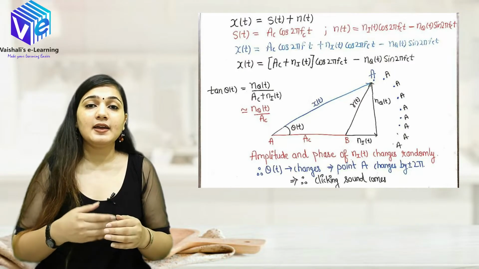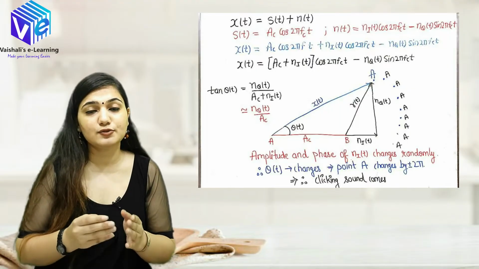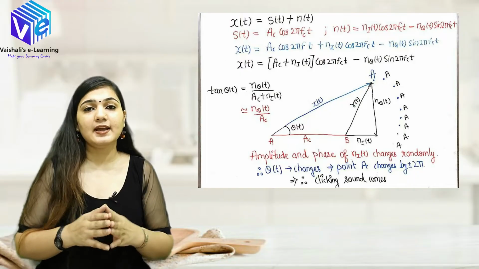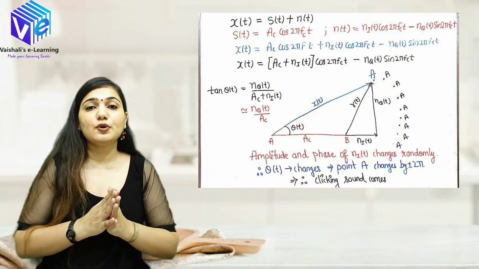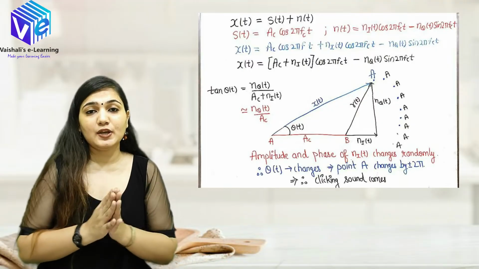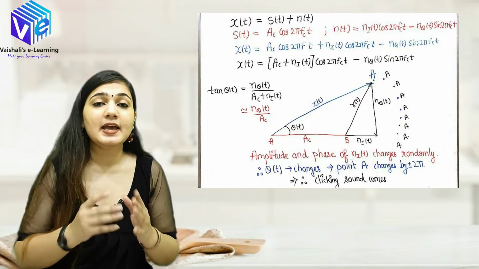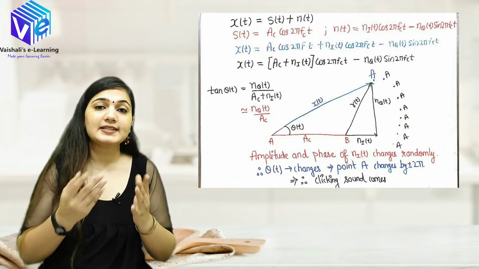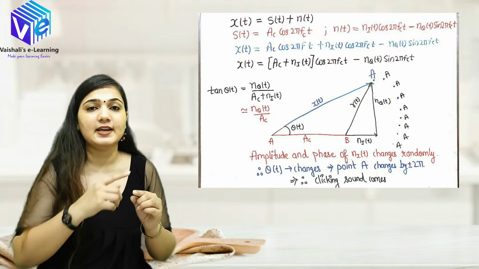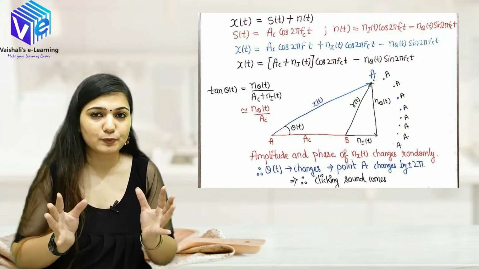If I represent the noise with the help of two perpendicular components, they are n_i(t) and n_q(t). Whenever n_q(t) varies, the point A represents the output s(t). The output is the summation m(t) plus r(t). From the vector calculation, point A is the output.